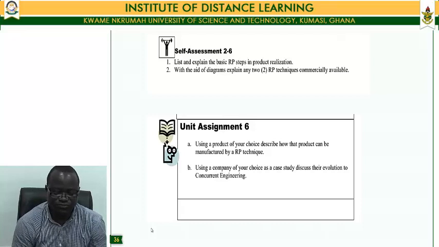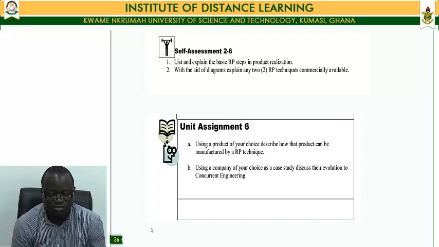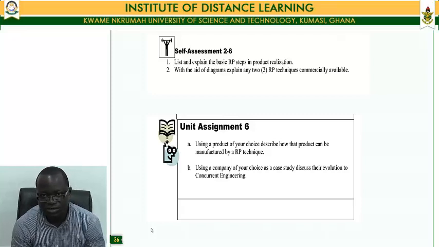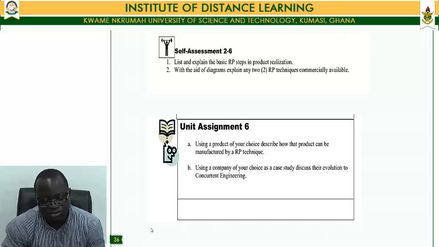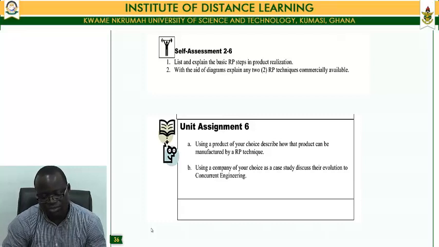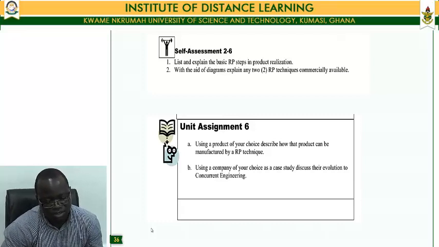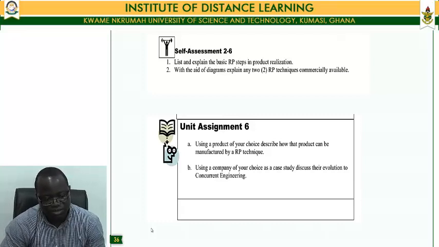You research into various companies and then report on their evolution to concurrent engineering if they are actually in that practice. So those are the two assignments in Unit 6 that you have to look at and report on.